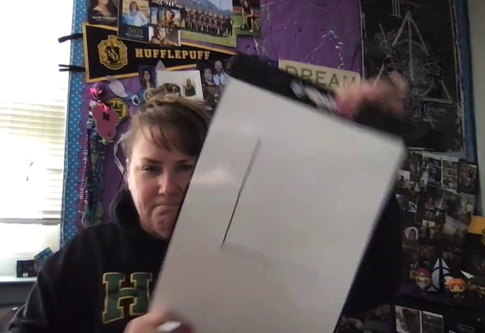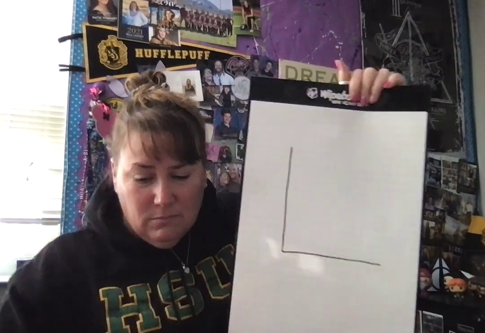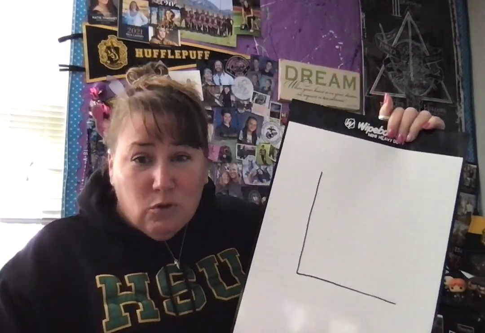On x, let's just go... You know what? We don't need all quadrants. Let's see what quadrant you drew based on your x and your y. Because our x values are all positive, our y values are all positive. I only drew quadrant 1. I mean, you can do them all if you want.